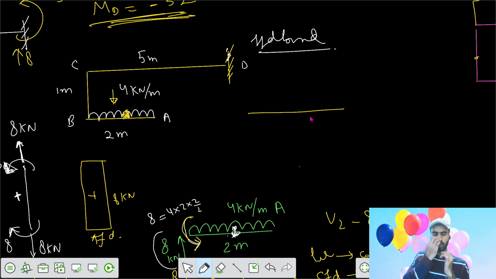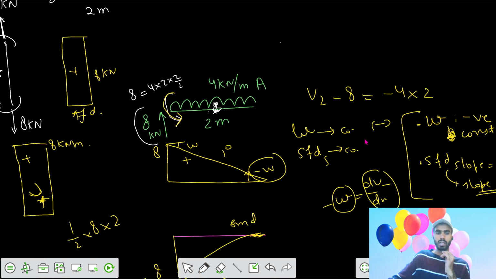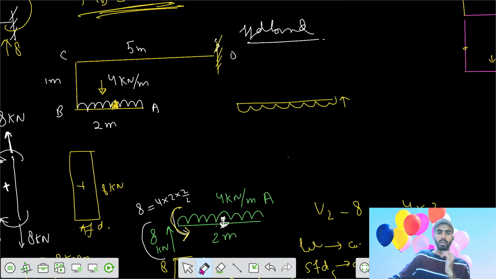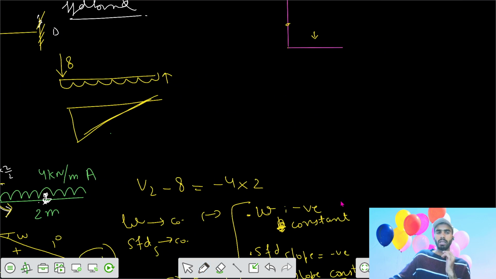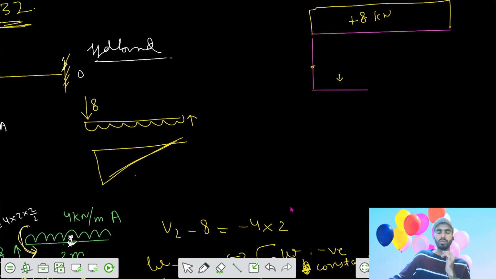You are seeing the AB this way, such that loading is upwards, and your shear force value at the end was 8, reaction was 8 upwards, so you are seeing it as 8 going downwards. So to make the shear force diagram for this section, we have to make it this way, that this is your SFD minus 8, but the value is positive.